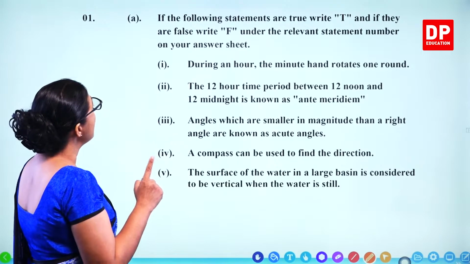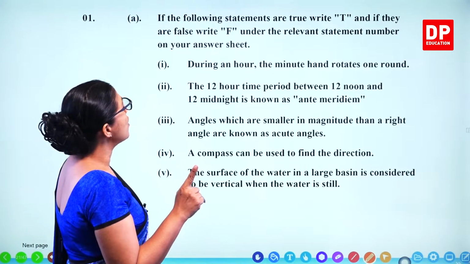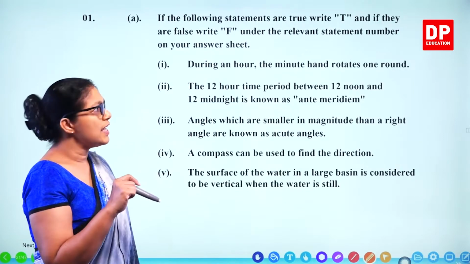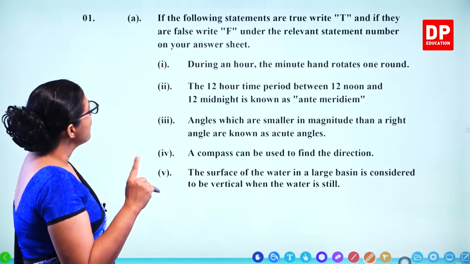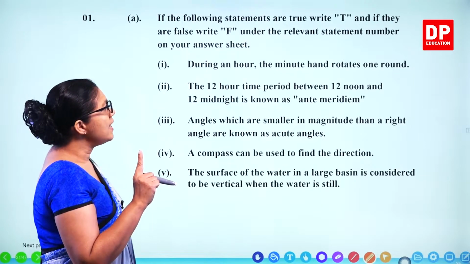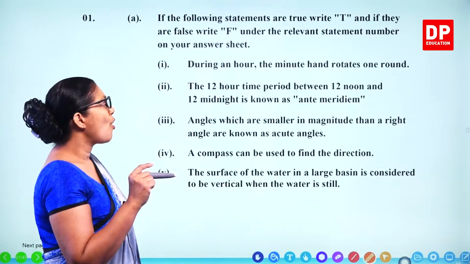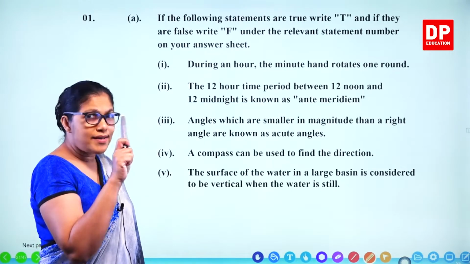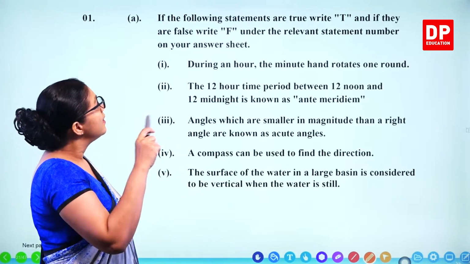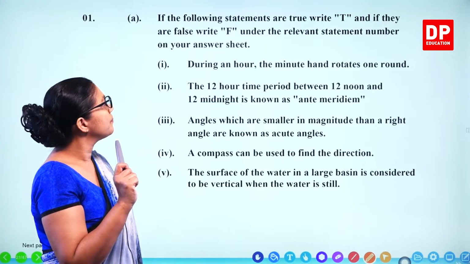So you have to say whether the following statements are true or false. If it's true, you put T. If it's false, we put F. During an hour, the minute hand rotates 1 round. That's wrong, because 60 minutes is 1 hour. So 1 hour means how many rounds? 60 rounds.